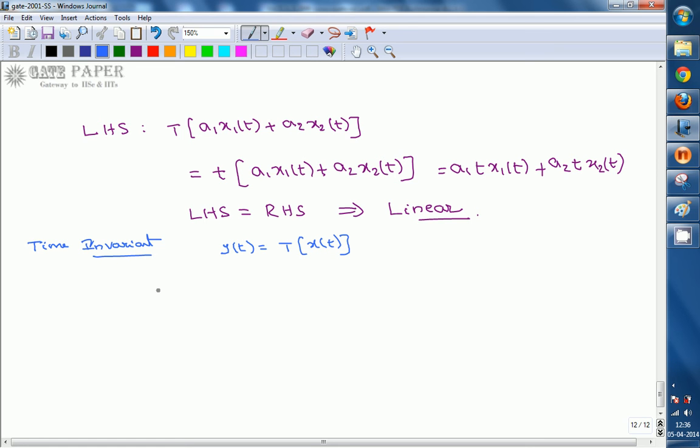To check that, first we consider the shifted input signal x(t − t0).